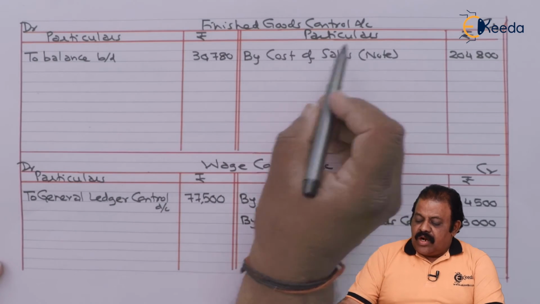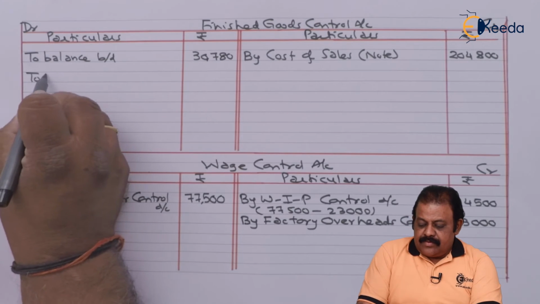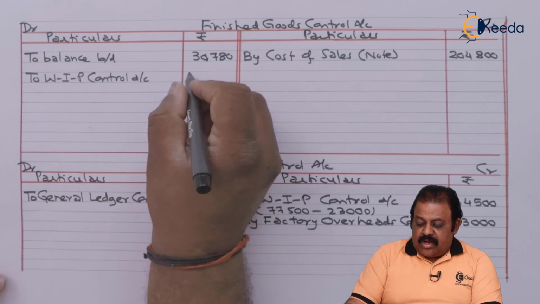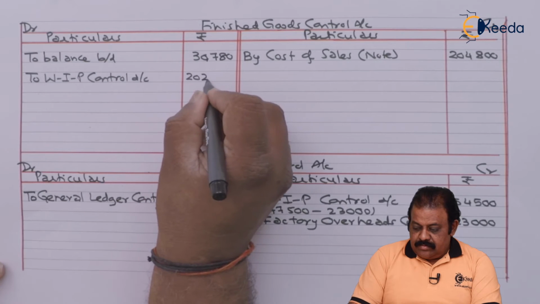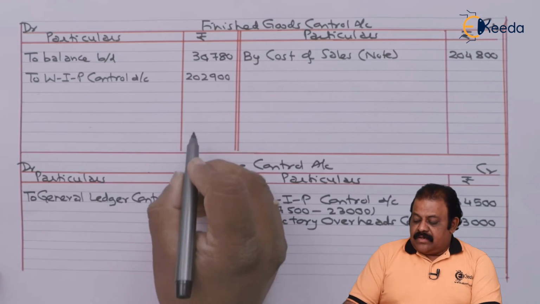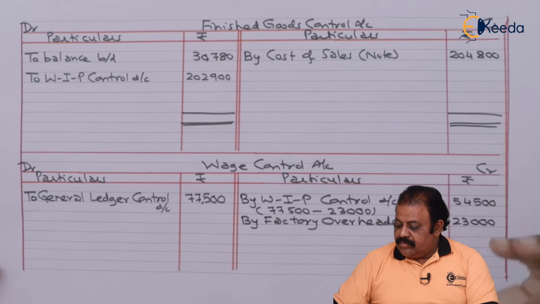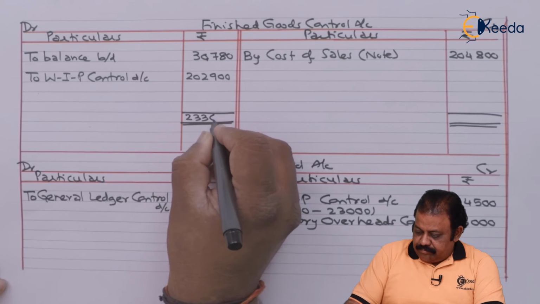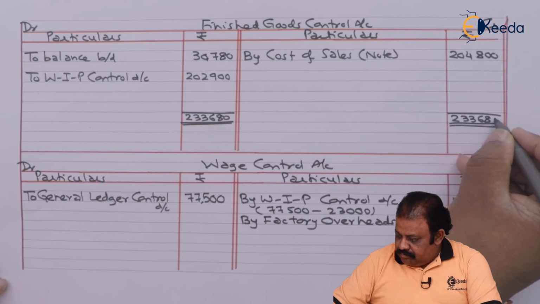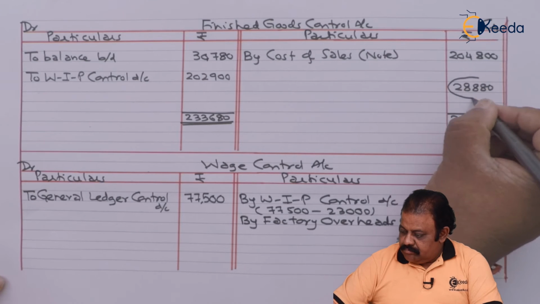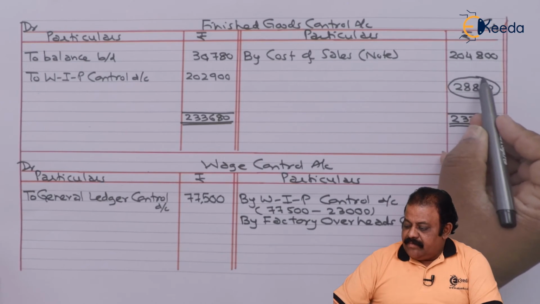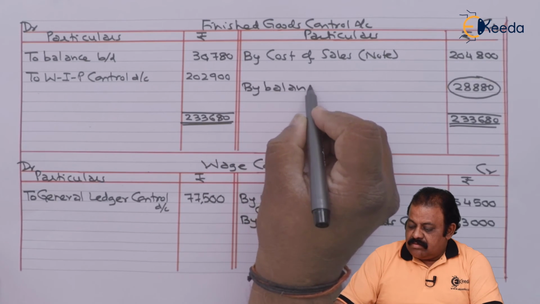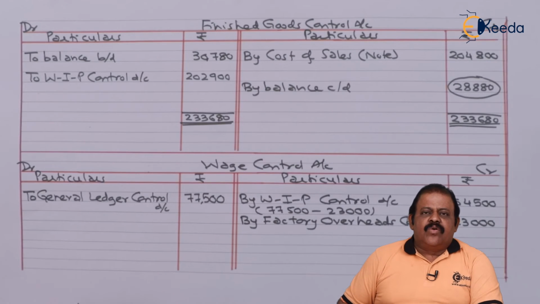In finished goods control account on debit side, to work in progress control account, 2,02,900. We can close now finished goods control account. 28,880. This is closing balance of finished goods. This will be transferred to trial balance.